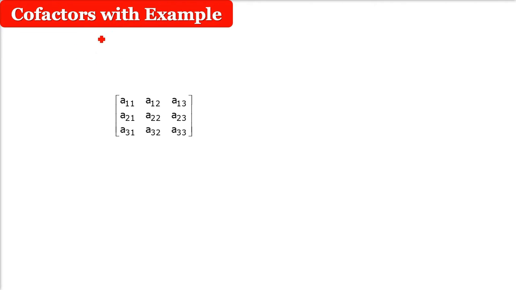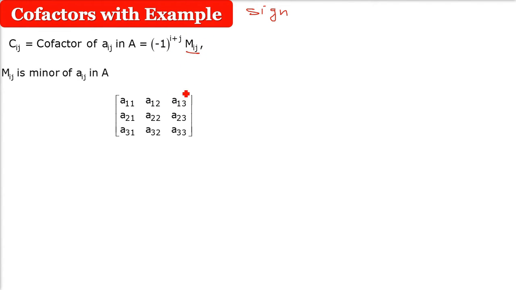Once we are done with the minor, then we have to find the cofactor, and that will help us in finding the determinant. The cofactor is nothing but the minor with the sign, plus or minus. This is a 3 by 3 matrix. Every minor should have the corresponding sign value.